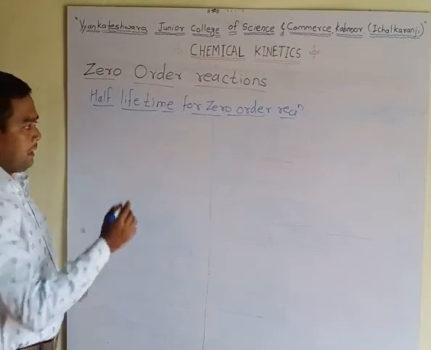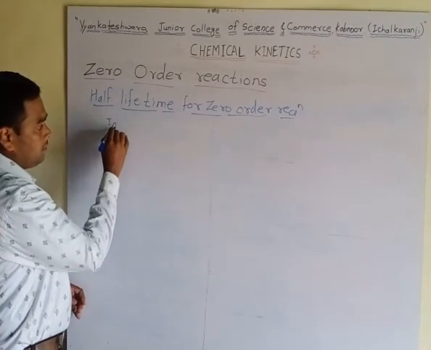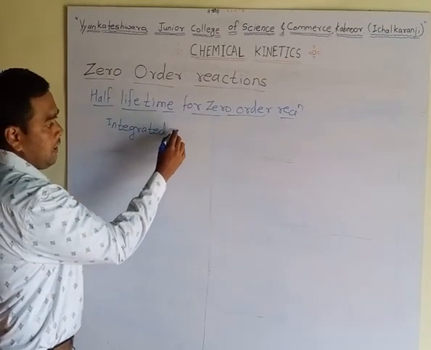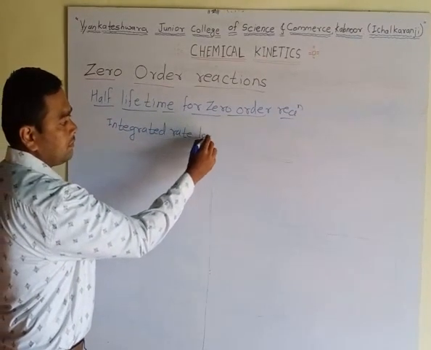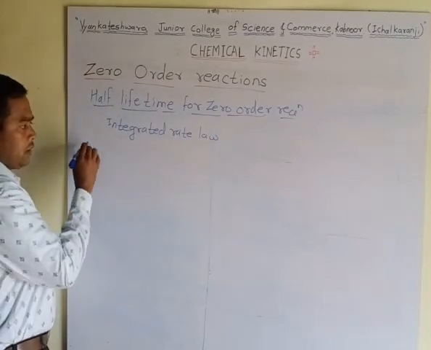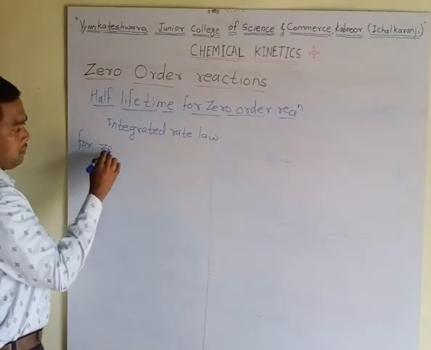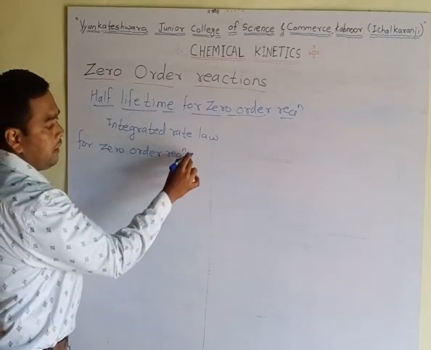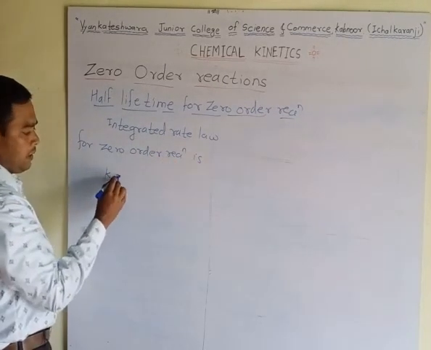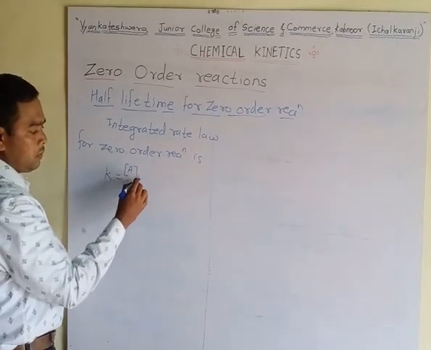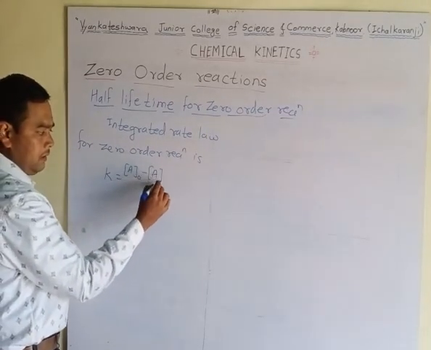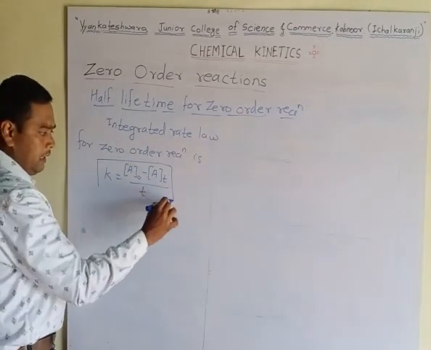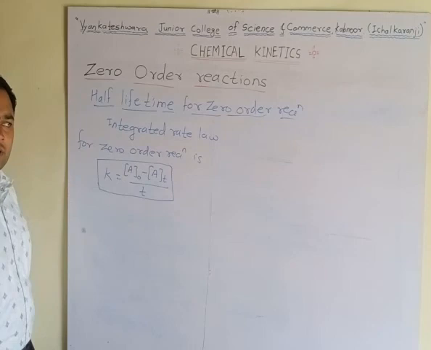We know that the integrated rate law for zero order reaction is K equal to A0 minus At upon t. This is the integrated rate law for zero order reaction.